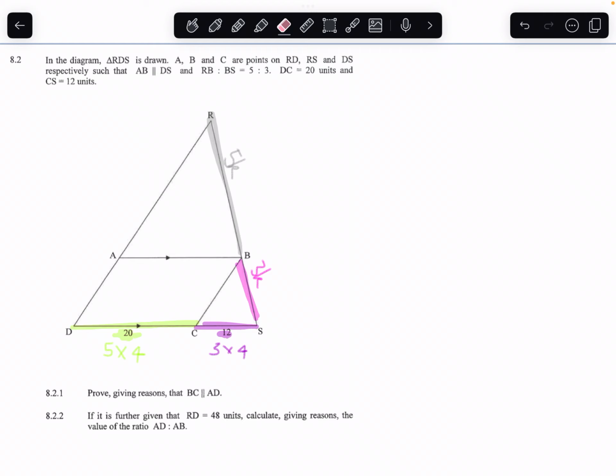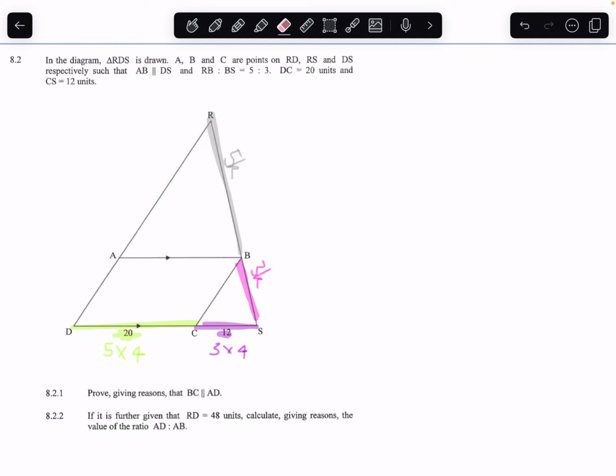Now we are asked to prove, giving reasons, that BC is parallel to RD. I'm not going to lie, I don't know my similarity theorems all too well.